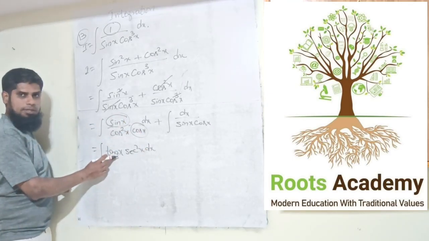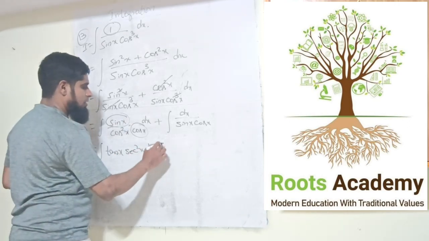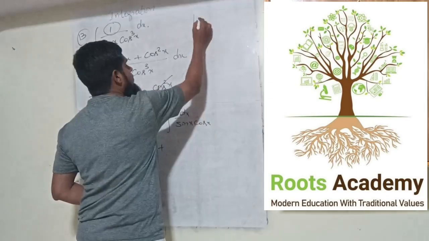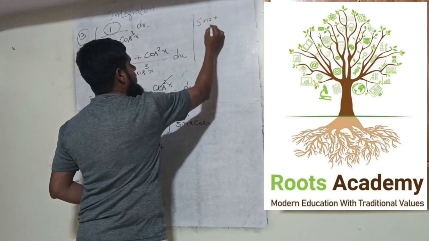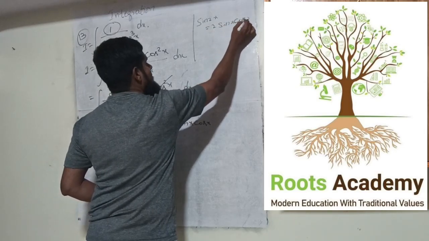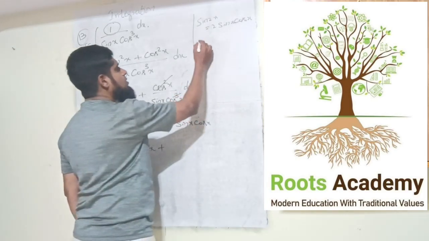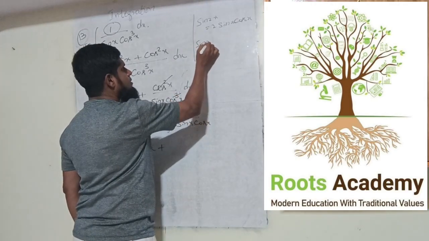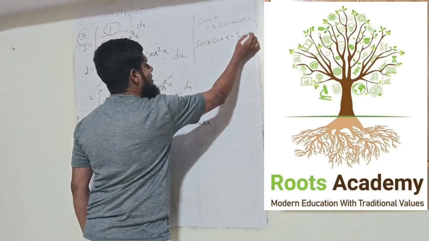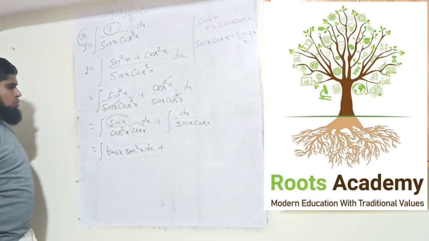Sin by cos is tan x, 1 by cos square x is secant square x. Plus here, according to the sin 2x formula, this can be written as 2 sin x into cos x. But simply I just need sin x cos x. So sin x cos x can be written as sin 2x whole divided by 2.